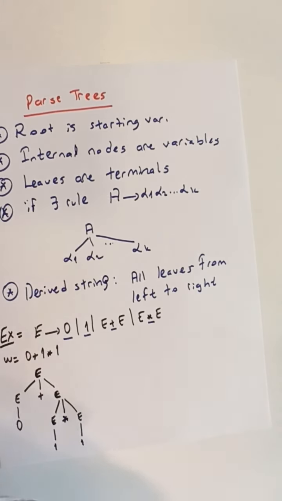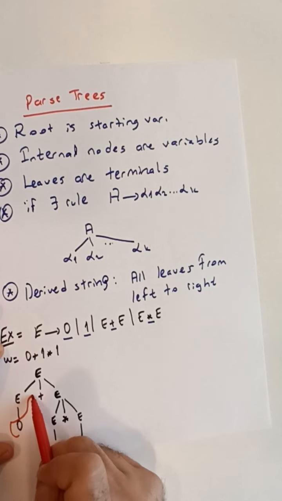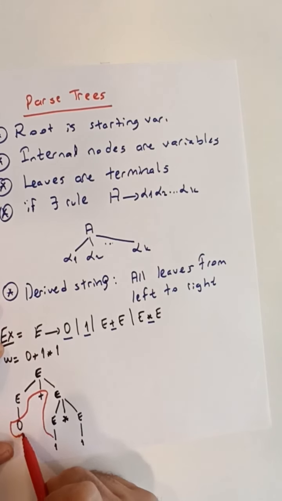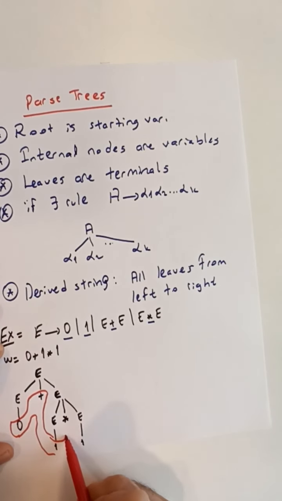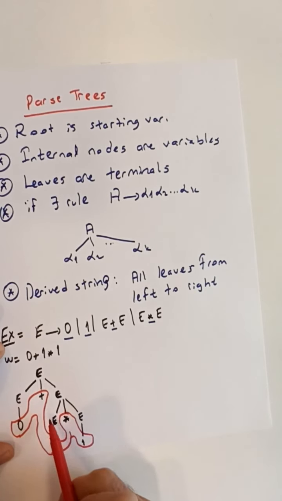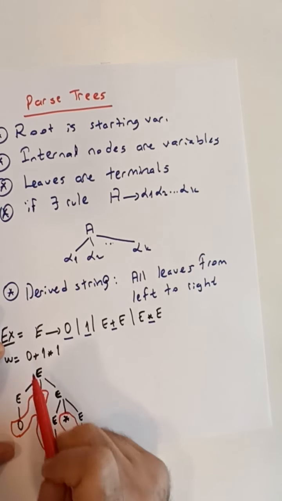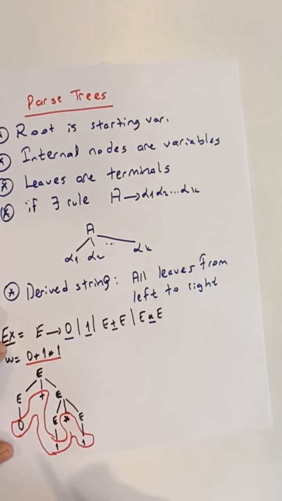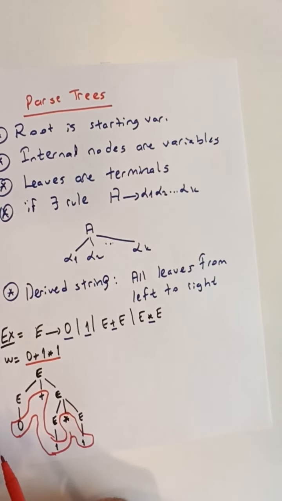If you read the terminals, which are at the leaf level from left to right, so 0, plus sign, 1, multiplication sign, finally another 1, 0 plus 1 times 1. So reading the leaves from left to right gives us our string generated by this grammar.